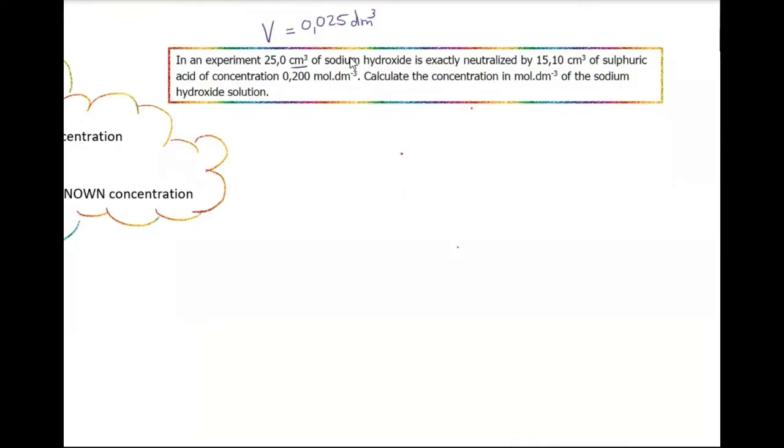All right. So in an experiment, 25 cubic centimeters of sodium hydroxide. There's a reason why I say write down the formula, because you cannot do a mole calculation with a ratio if you don't have a balanced equation. So there we go. So we know that sodium hydroxide, 25 cubic centimeters, which is 0.025 cubic decimeters, is exactly neutralized.